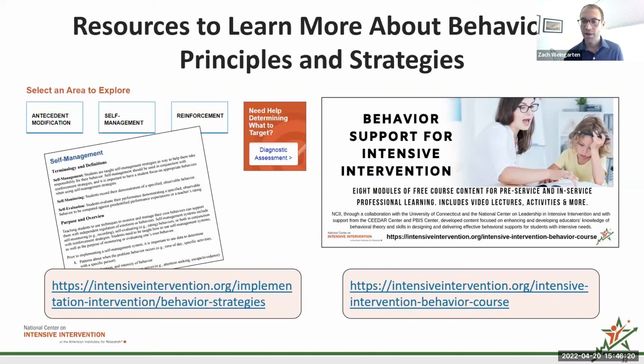While there's some nuance there, when we talk about the behavioral strategies, there are many resources on the NCII website currently related to supporting behavioral intervention. So there are strategies related to antecedent modification, self-management, and reinforcement. And those strategies can be incorporated into an academic intervention, as well as support students in Tier 1, Tier 2, or Tier 3.